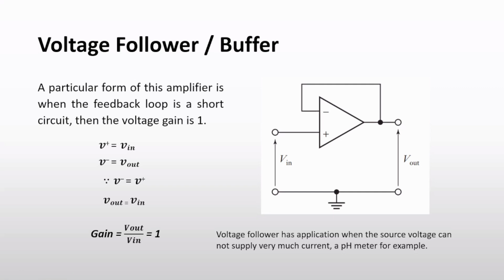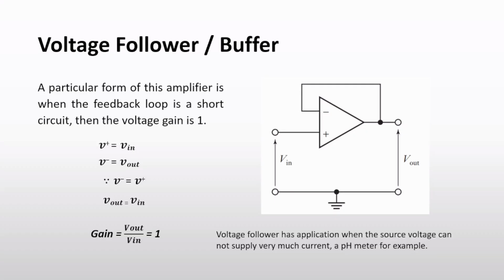Therefore, by using a voltage follower, we get the voltage from the input side to the output side, but with the external circuits we can have more current without disturbing the input voltage. So this is called the voltage follower.